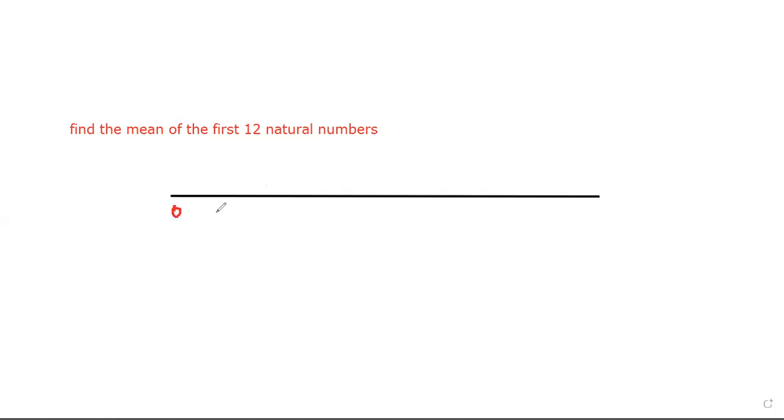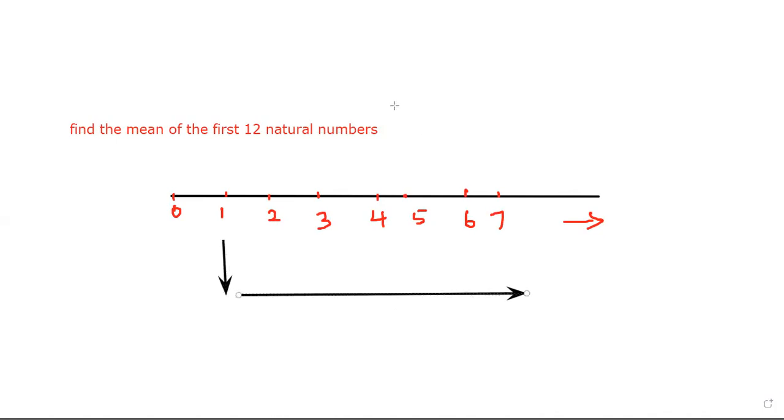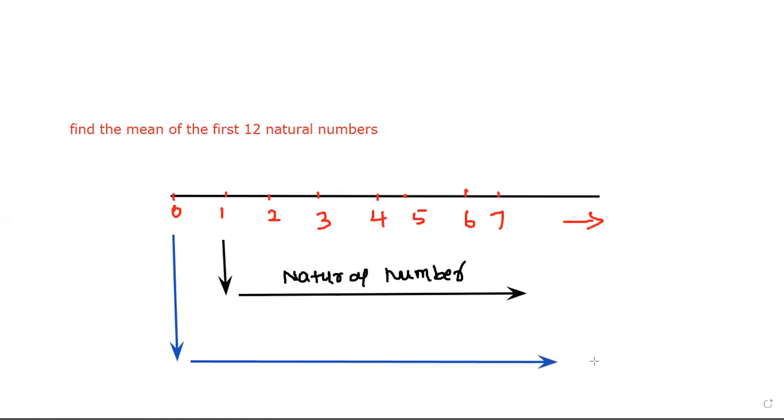Natural numbers start from 1 and go to infinity. Whole numbers start from 0 and go to infinity. Natural numbers always start from 1 and are always countable.